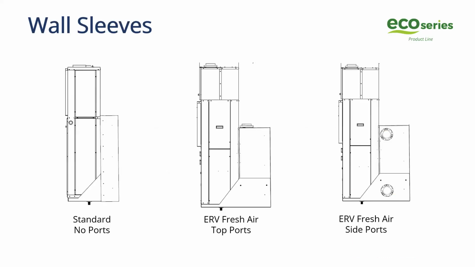These are a couple of the different options that we offer. So if you're not using the ERV or the fresh air, you have the standard wall sleeve on the far left, and then in the middle we have fresh air ports on the wall sleeve. So what this does is it prevents having to have penetrations to the exterior wall for that ERV connection.